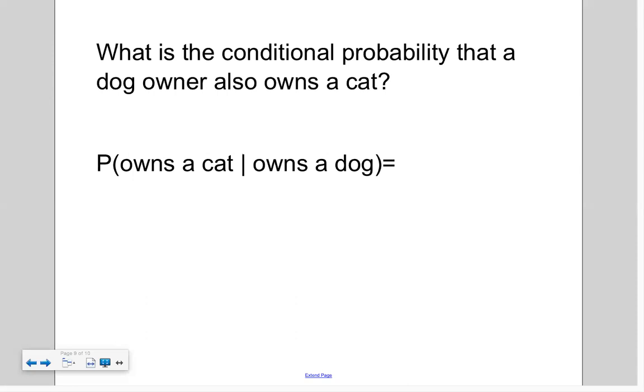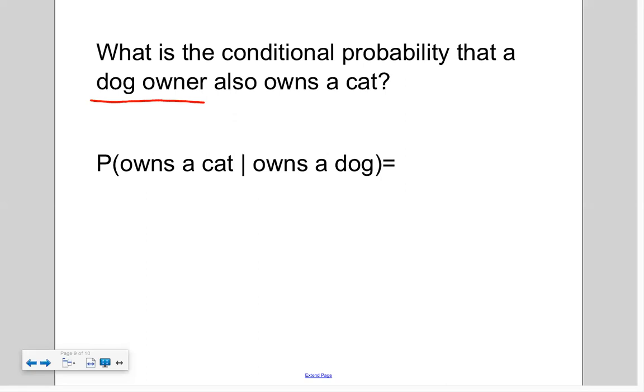There's no given statement, but they're saying what's the probability that a dog owner, so that is the condition, that you're a dog owner, also owns a cat. That's why it looks backwards when we look at it in the probability format. Another way to write this would be, what's the probability of owning a cat given that they also own a dog?